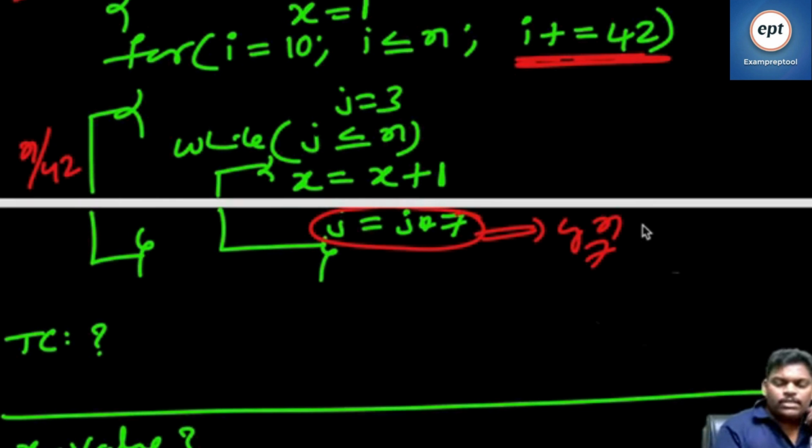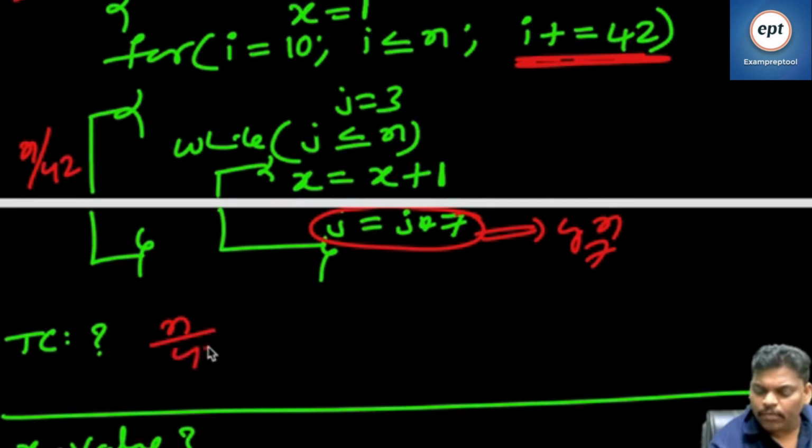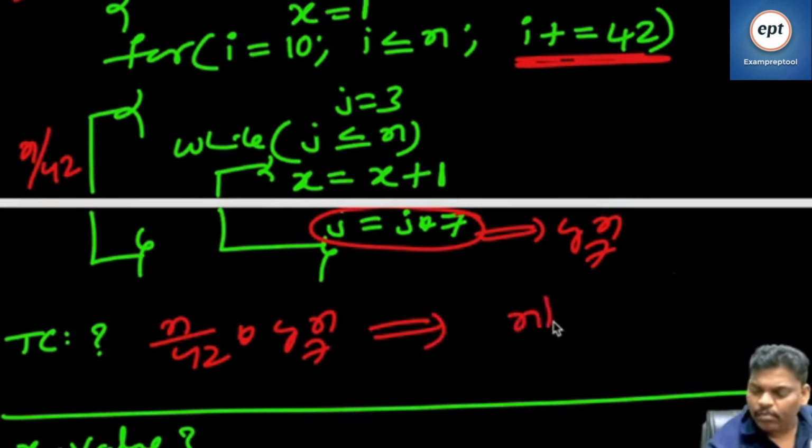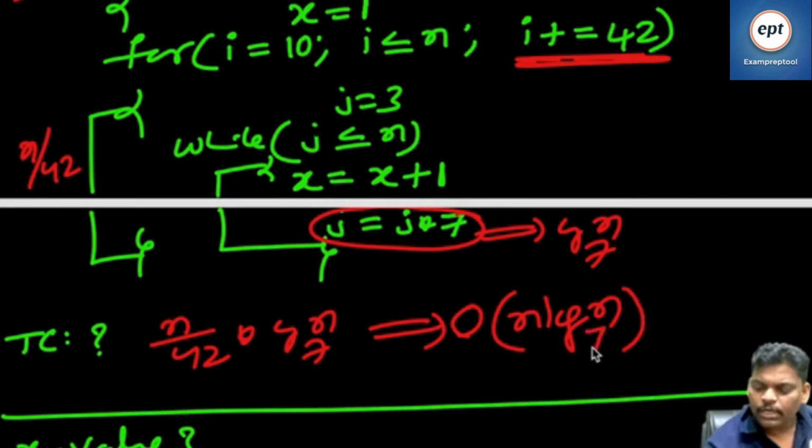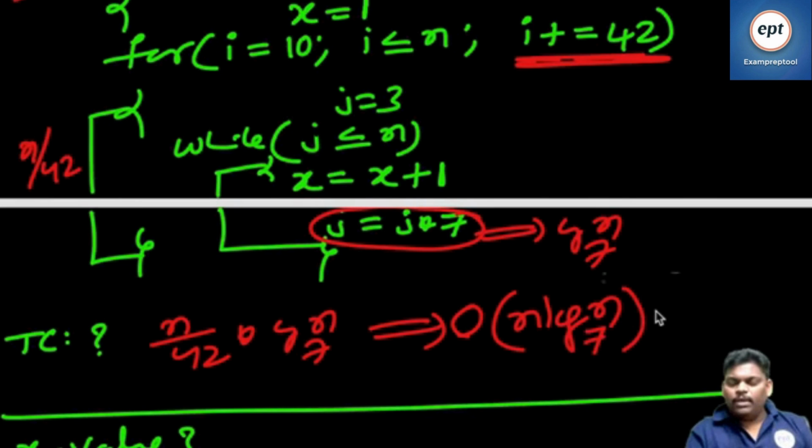Because there is no dependency between I and j in the inner loop, the time complexity is n by 42 into log n base 7, which, forgetting the constant, becomes n log n base 7.